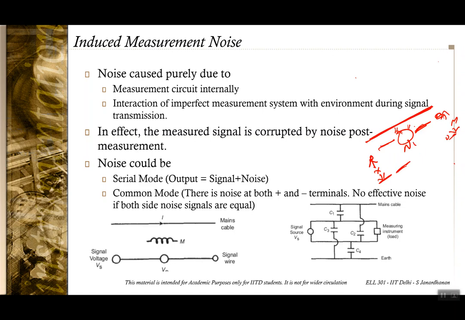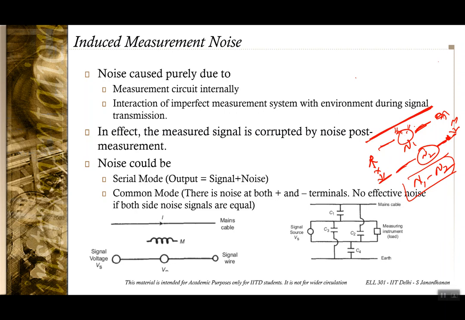You have N1 here, you have N2 here. The effective noise is N1 minus N2, because that is what you are measuring here. So if N1 equals N2, then there is no effective common mode noise, even though N1 and N2 exist, since if they become common, then there is zero effect.